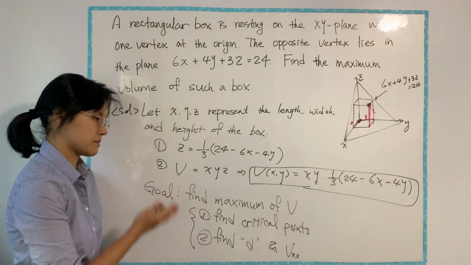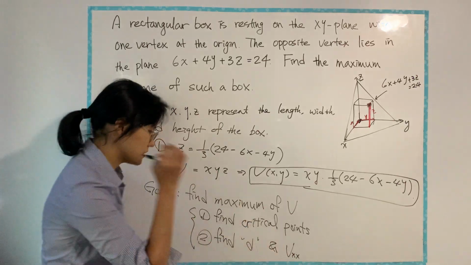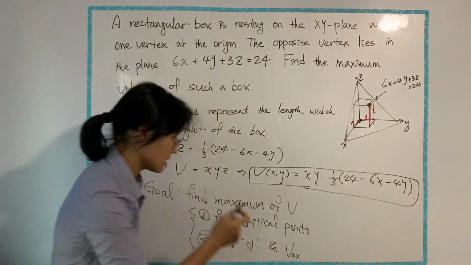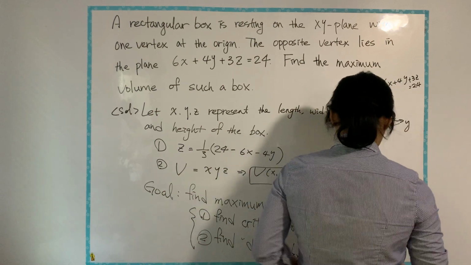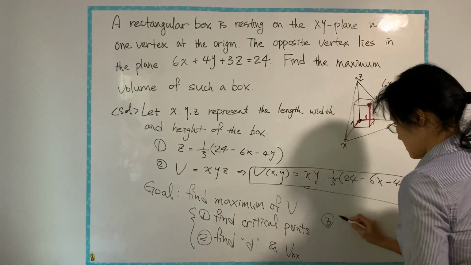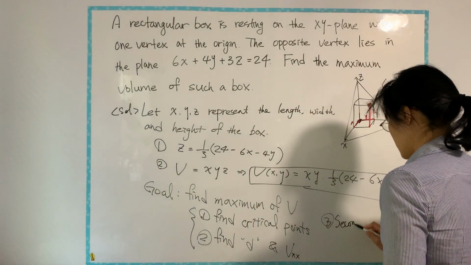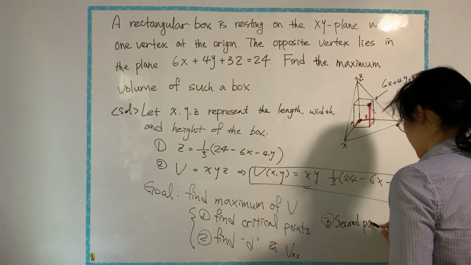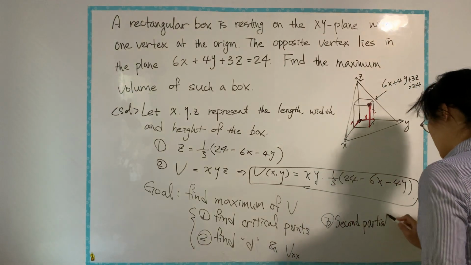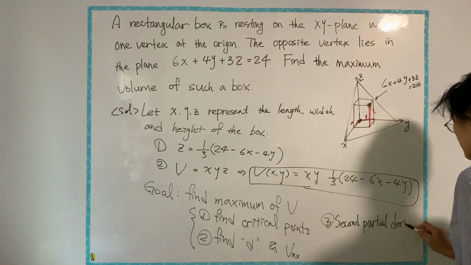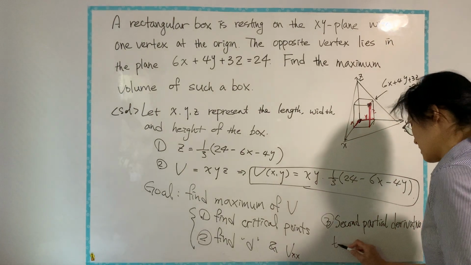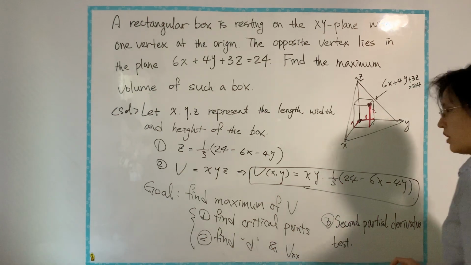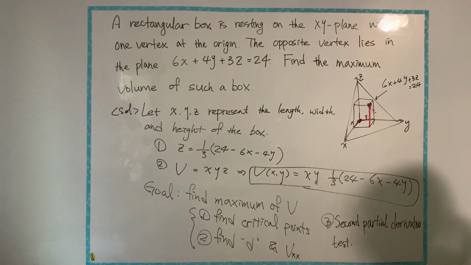We need to know whether it's positive or negative for Vxx. Then three, apply the second partial derivative test to help us find the max volume.